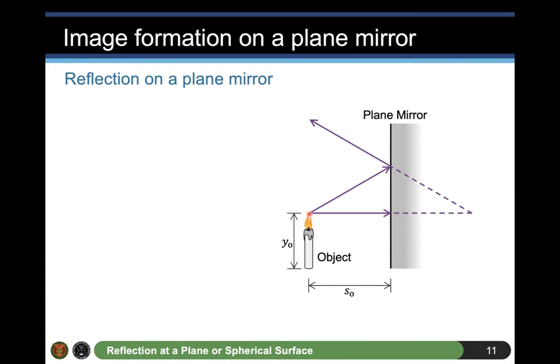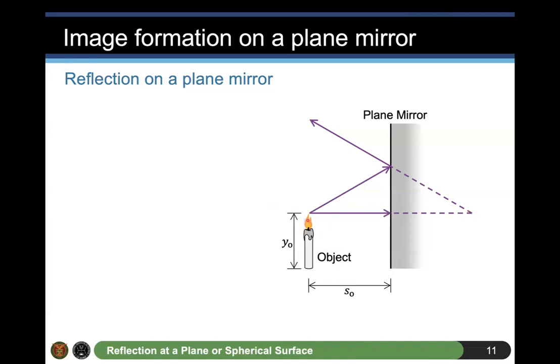A straight line ray will just reflect through the plane mirror, using the special case of the law of reflection. This is striking the normal of the plane mirror, so we know it reflects in the opposite direction. But again, we can extend the tail of that ray to here.